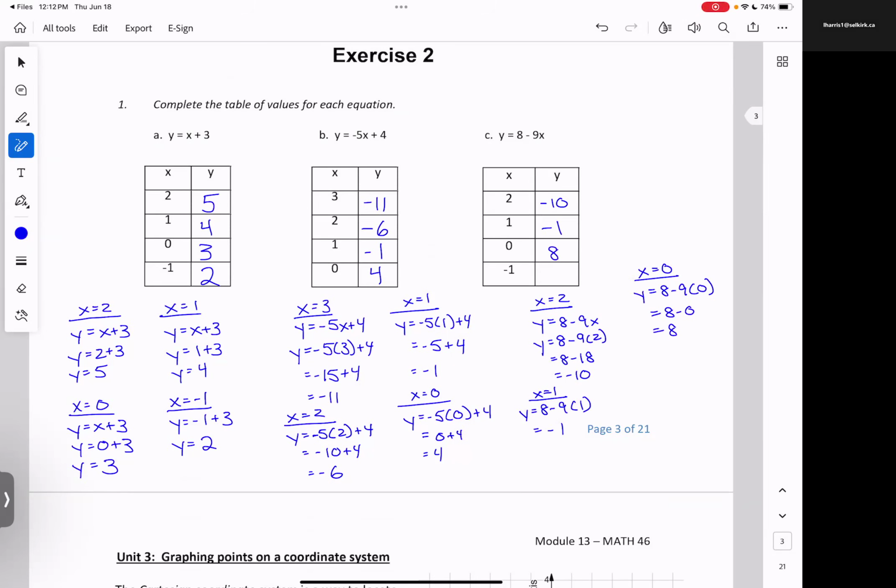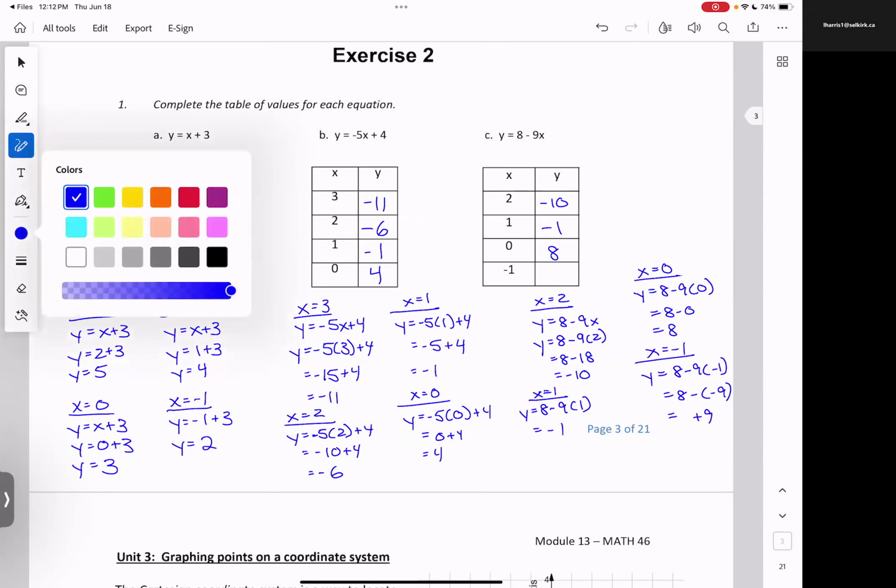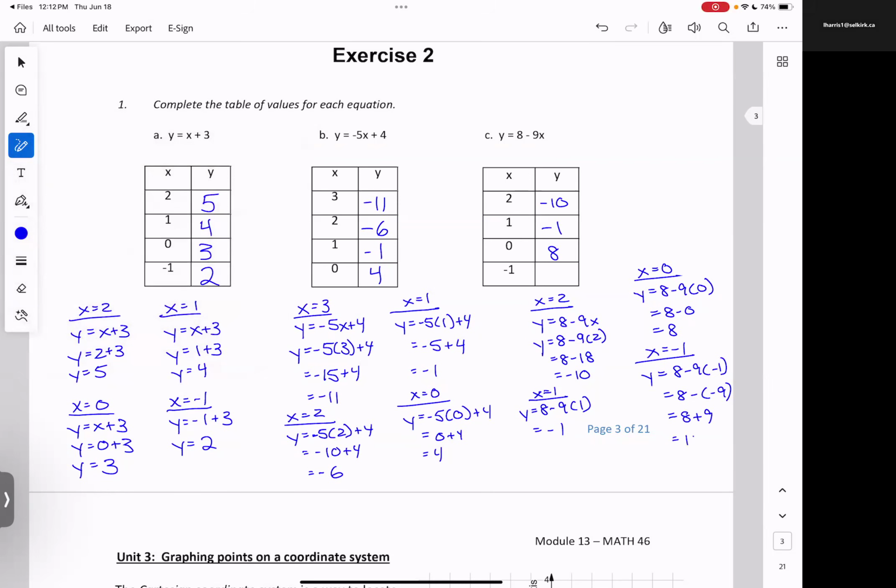And when x is negative 1, we would have y is 8 minus 9 times negative 1, which is 8 minus negative 9. So that's 8 plus 9. And so here we get 17.